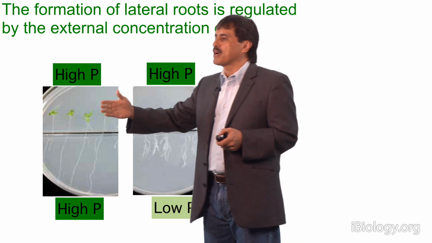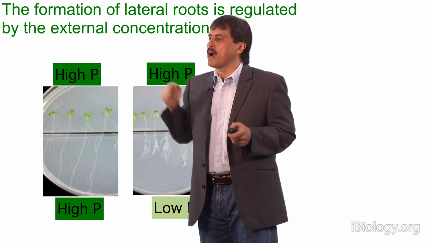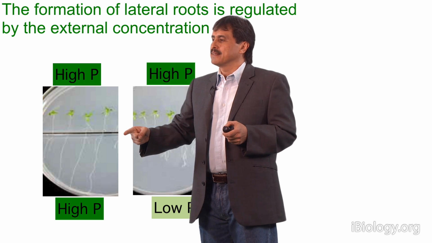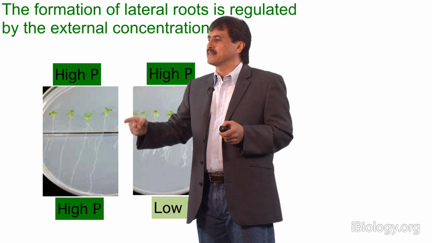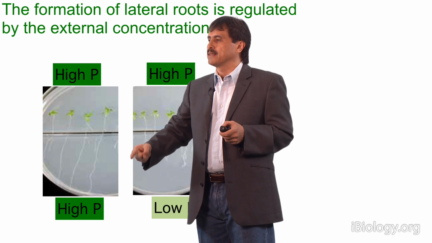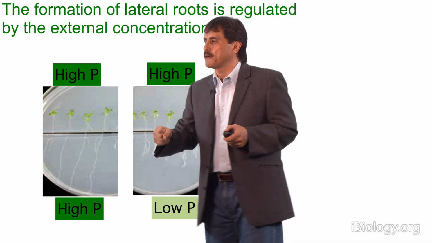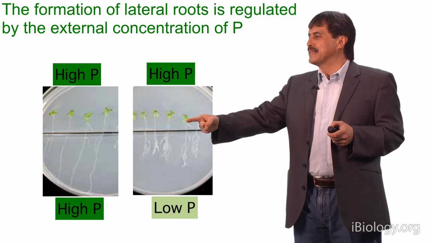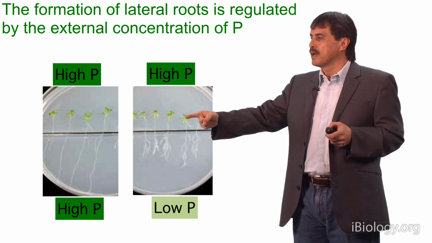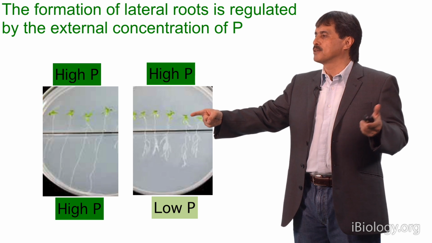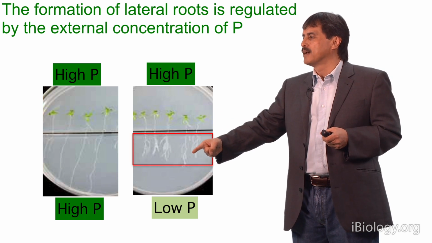Now, is this change in root architecture regulated by systemic or local signals? In this experiment, we have a Petri dish divided in two halves. On top we have high phosphate, and at the bottom we have high phosphate. This plant is exposed to high phosphate, and it produces a long root. But what happens when we feed the shoot with high phosphate? The plant has a high phosphate concentration, but then we expose the root to low phosphate.